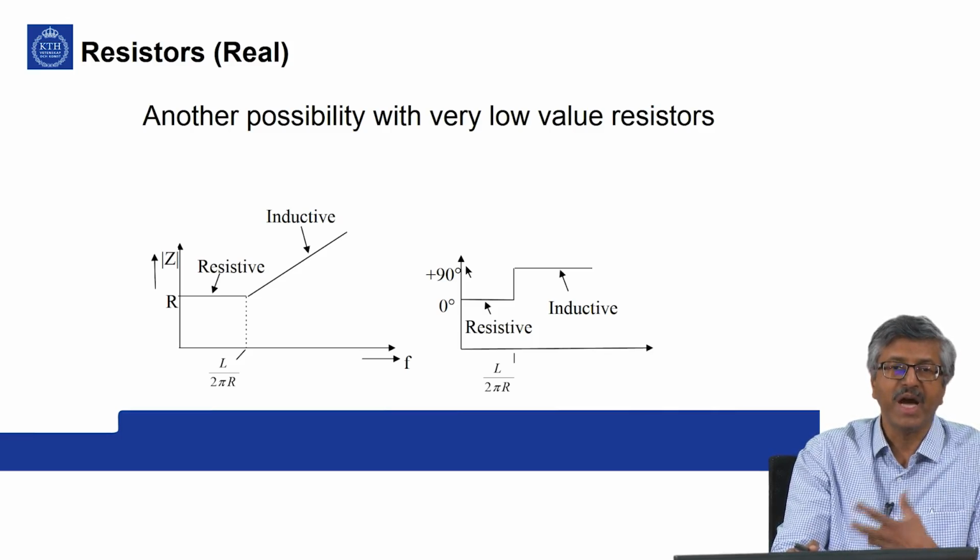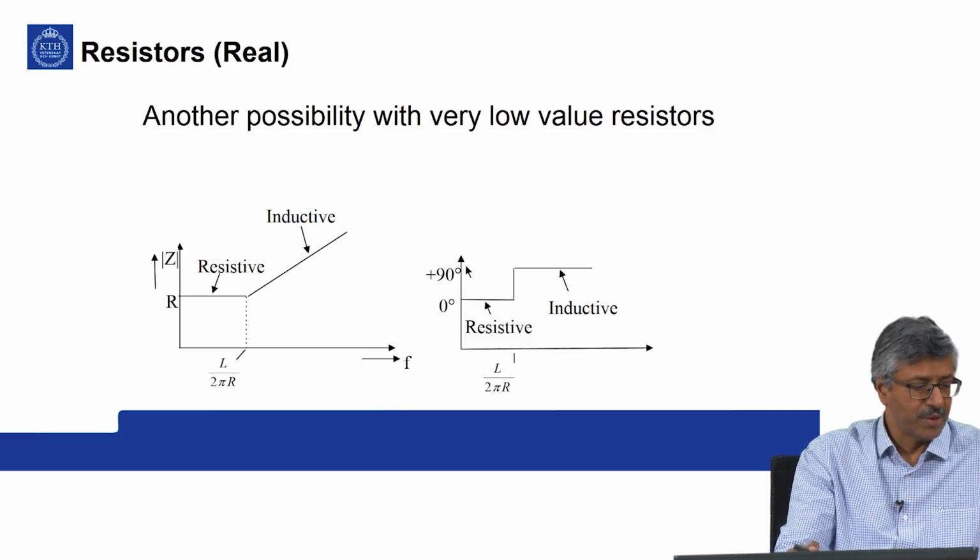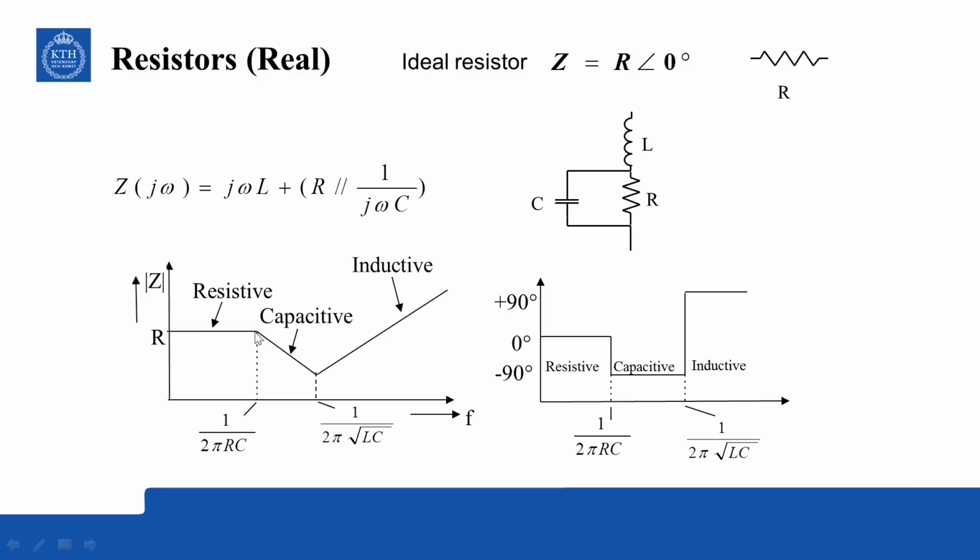Whereas if you have very high value resistors, say thousands of ohms, then parasitic capacitance becomes more problematic. So then the Bode plot will be something like this. From resistance it will go into capacitive. So depending upon the application area, depending upon the low value or high value of the resistor, one of these two Bode plots will be more appropriate to be applied.